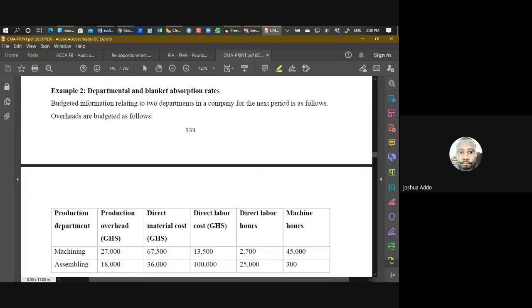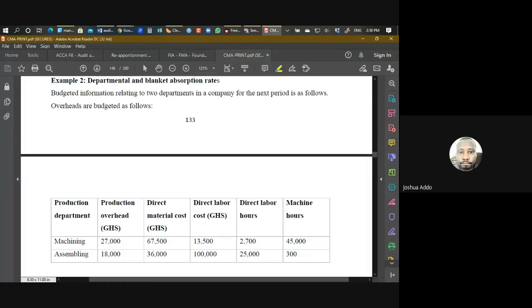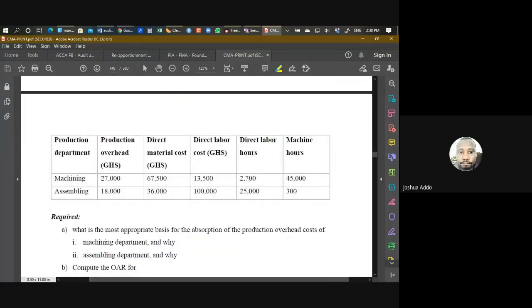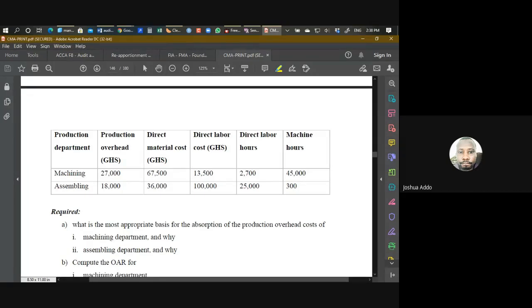Example 2. Budgeted information relating to 2 departments in a company for the next period is as follows. Overheads are budgeted as follows. Production departments: machining and assembly. Production overhead costs are 27,000 for machining and 18,000 for assembling.